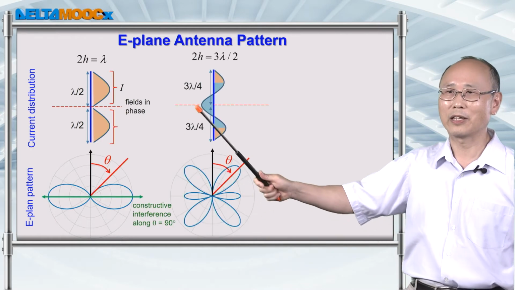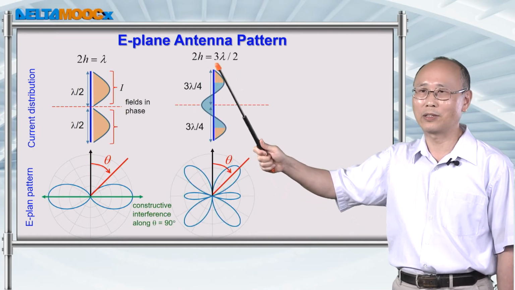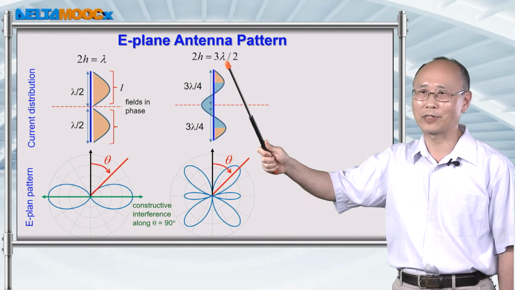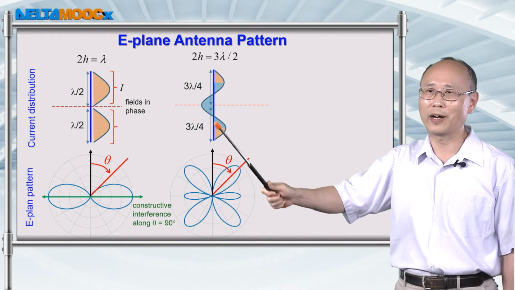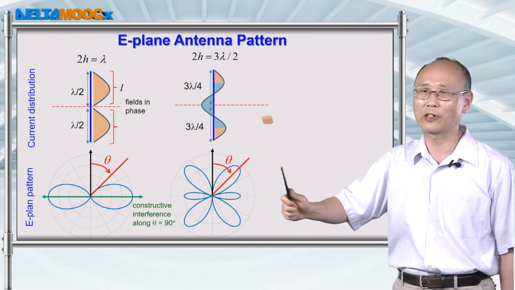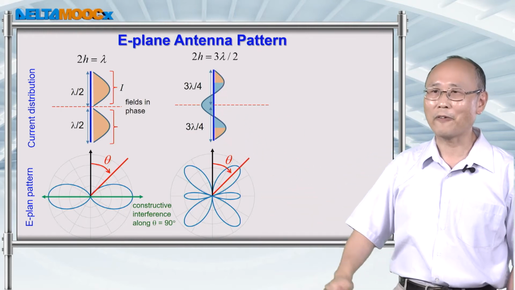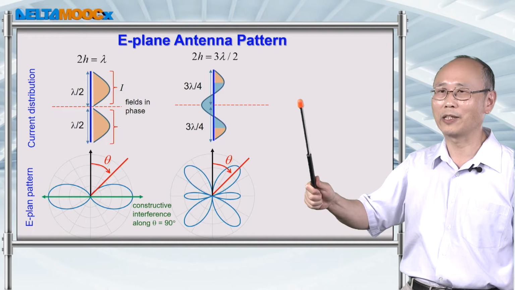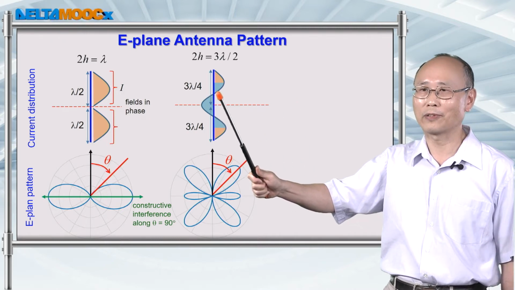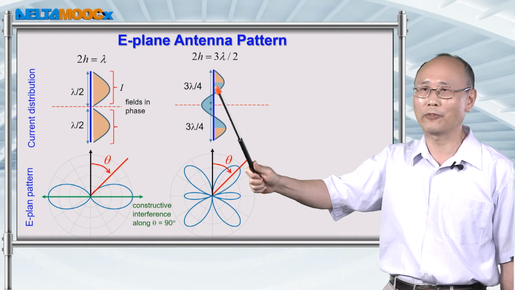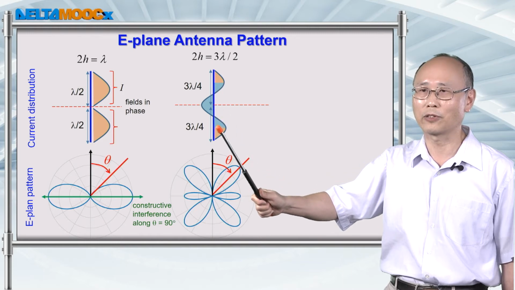Now, let's increase the antenna length to 3 half wavelengths. This means that you will have 3 standing wave lobes on this antenna for the currents. And in the far field, along theta equal to 90-degree direction, you're going to have destructive interference for the field generated from this part, and also this part.